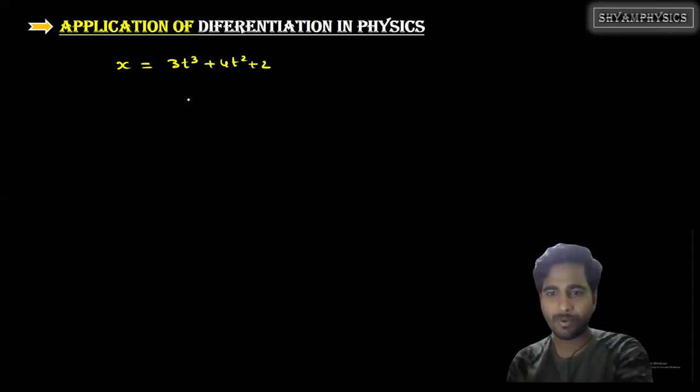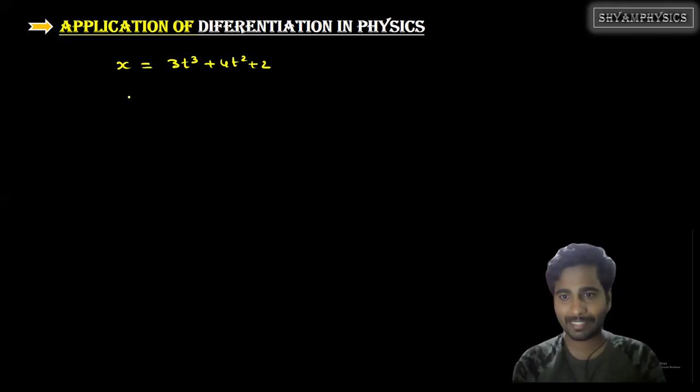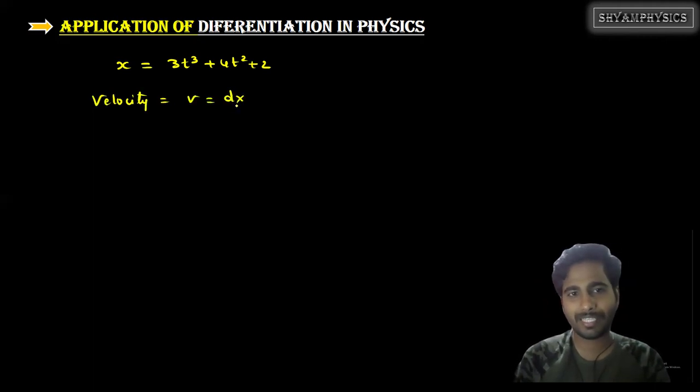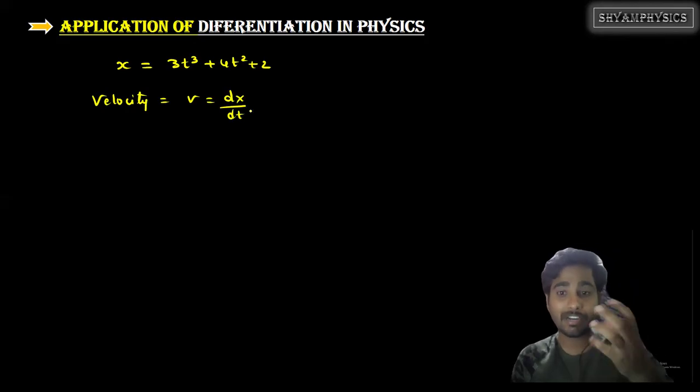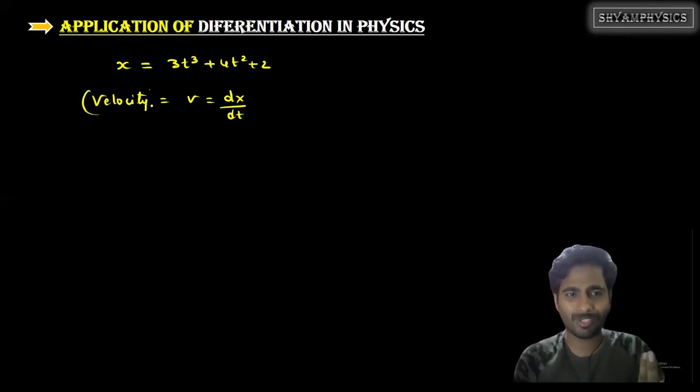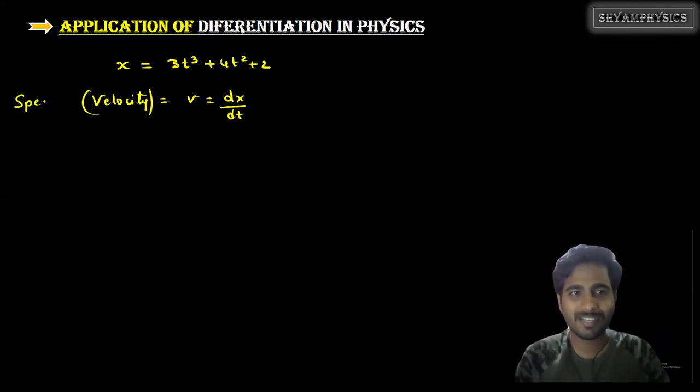I will ask, what is the value of velocity? How to define velocity? V is equal to dx by dt. It is the rate of change of distance, so displacement. Okay, speed. We can talk about speed if you don't know this.